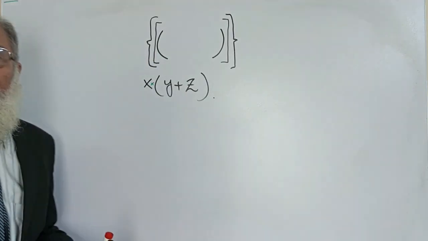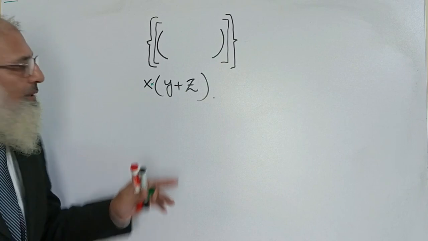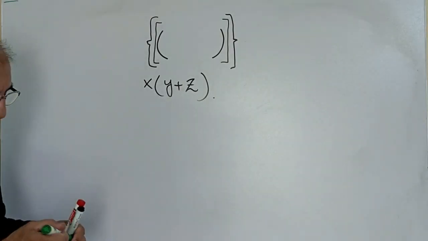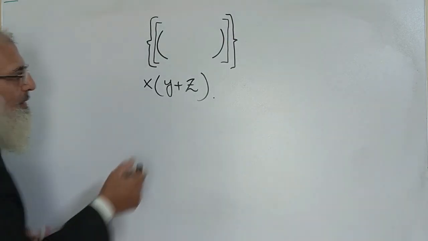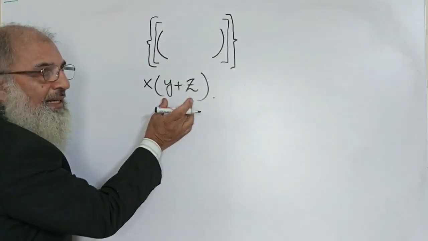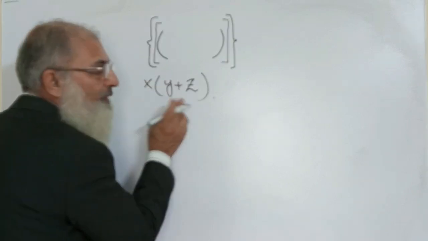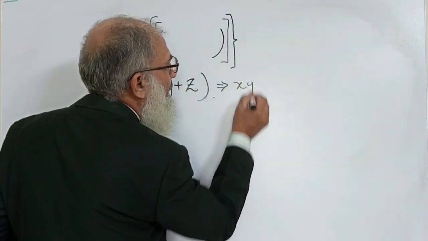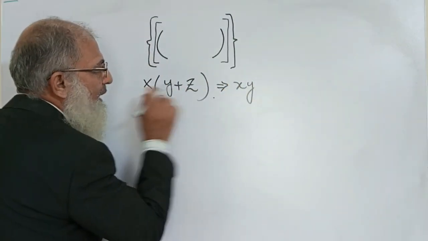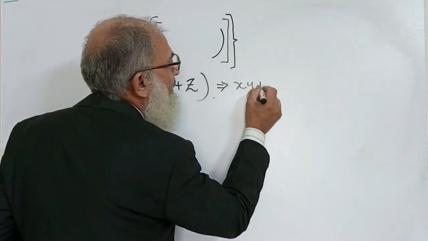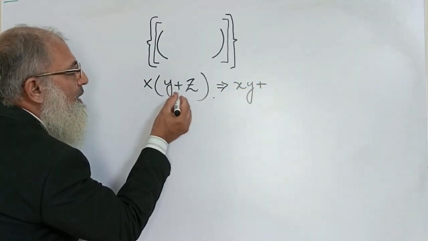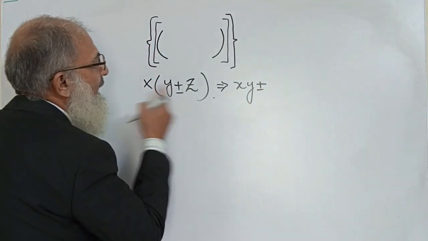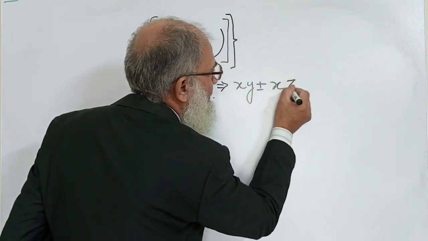It is not written, and it is always understood that this is a multiplication sign. We have abolished this sign. Now the outcome of this is, since we cannot add these because these are different variables, it will become x multiplied by y, and then the sign which is coming, whether it is plus or minus, then x multiplied by z.